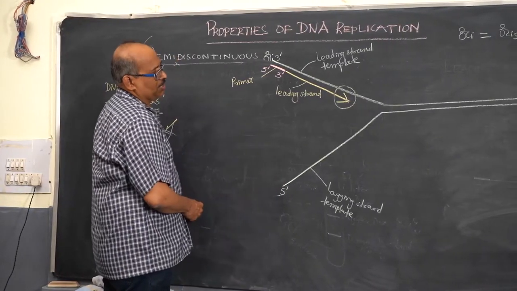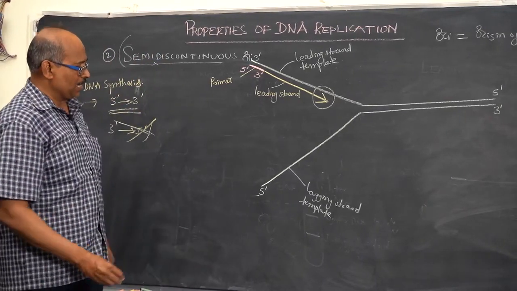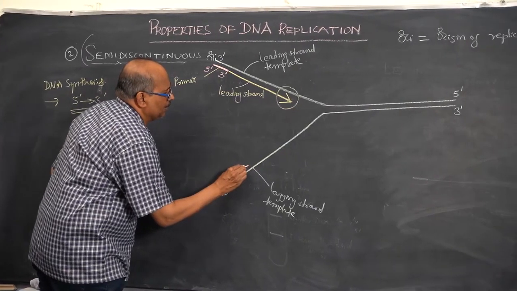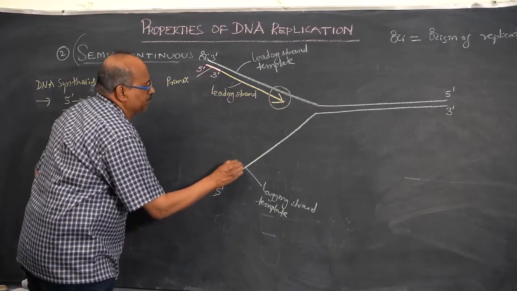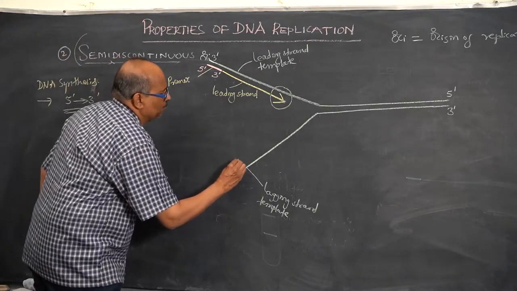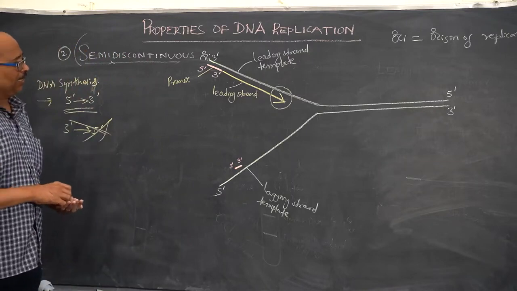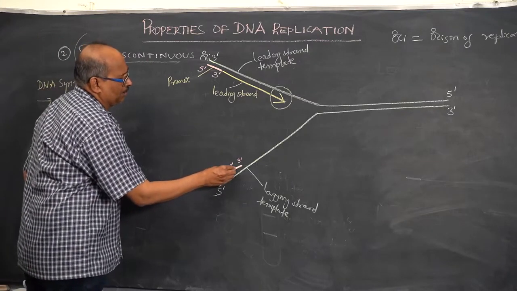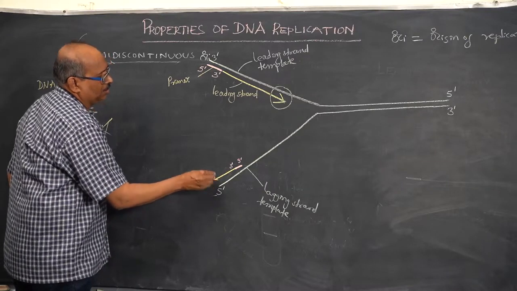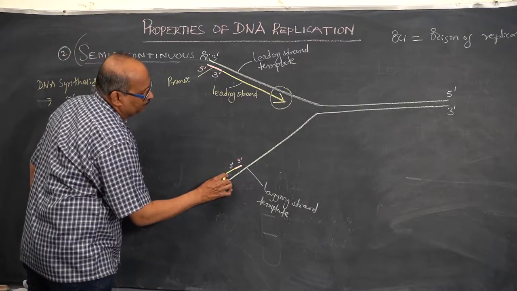There is nothing to extend. So what happens with respect to the lagging strand is the primers are formed in the inner side. So that is the primer. This primer is 5', 3'. And that primer will be extended by the DNA polymerase, generating Okazaki fragment.